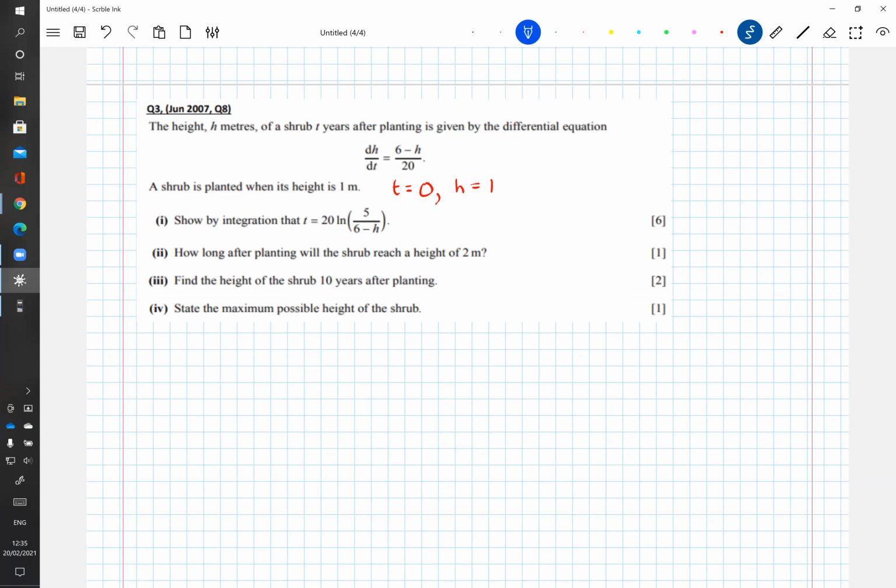Okay, show by integration that t is equal to that. You go for it. The method we've just been doing, have a go at applying that to this question now.